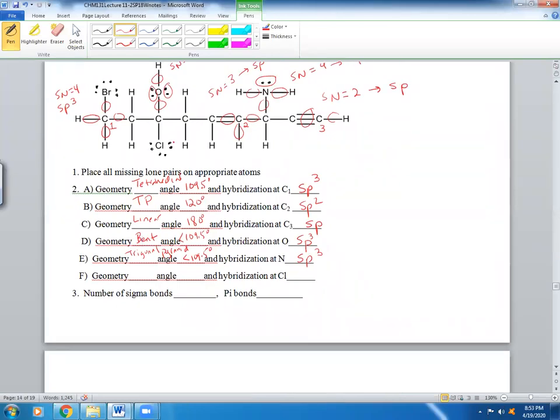Cl, 2, 3, 4. Right here. So that's going to be 4. So that's a hybridization of sp3.